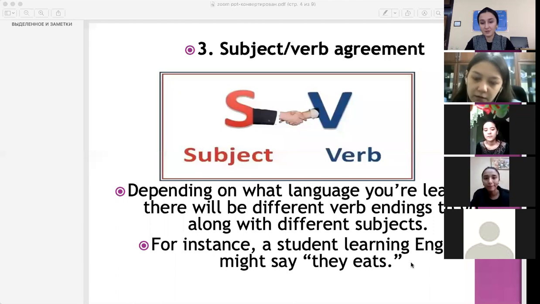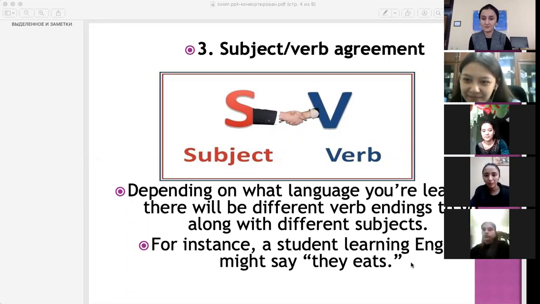So Sagdiana, tell me please, have you ever come across problems like verb and subject agreement while learning or teaching the English language? Okay, not teaching, of course, learning. I think in my school years, I came across that.